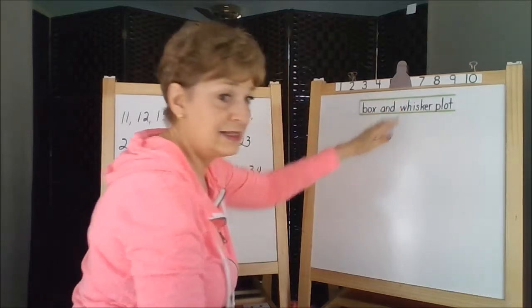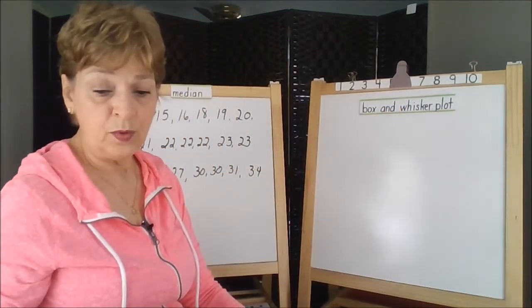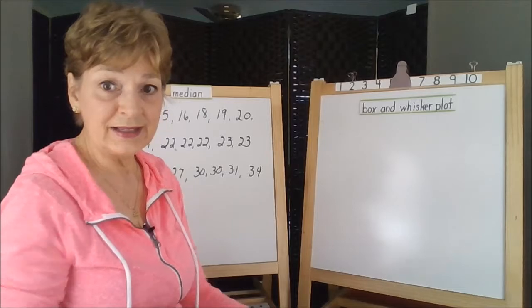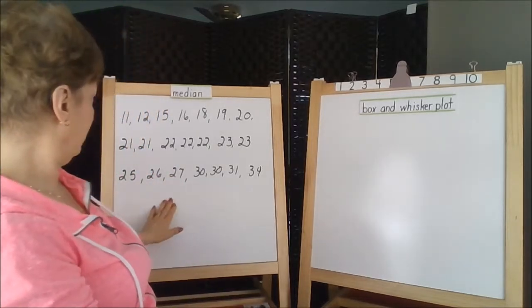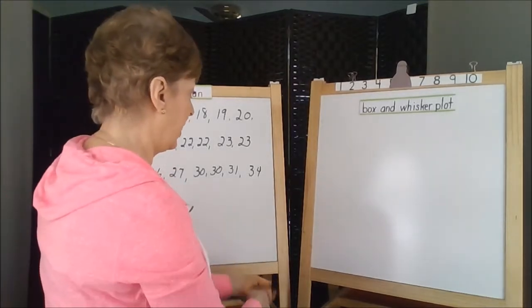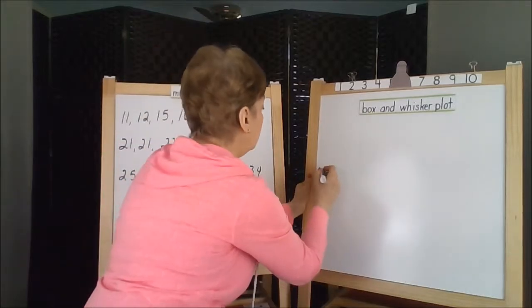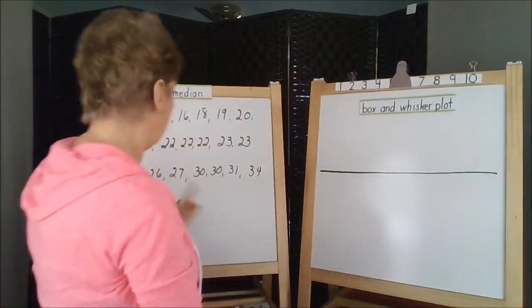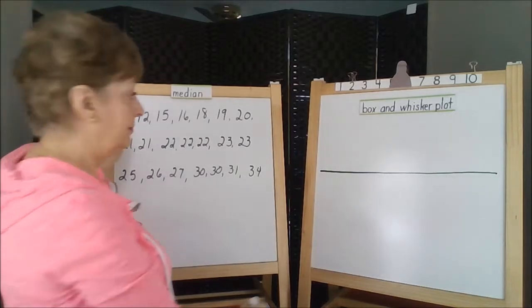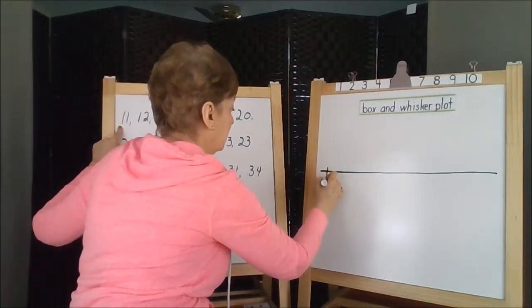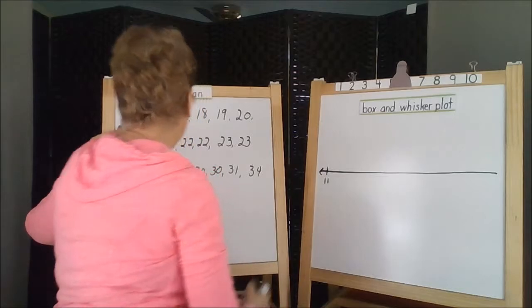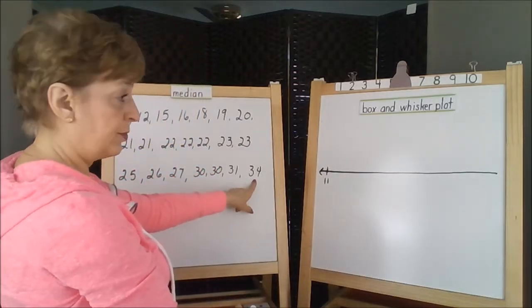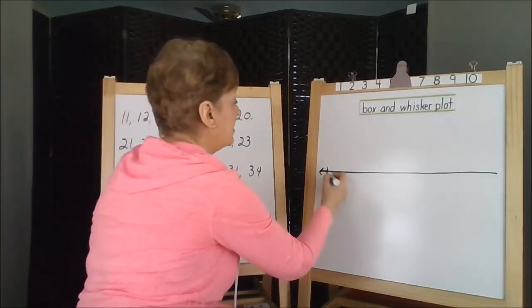With organized data, we now know what our smallest point is and our largest point. So we need a number line that starts with 11 and ends with 34.